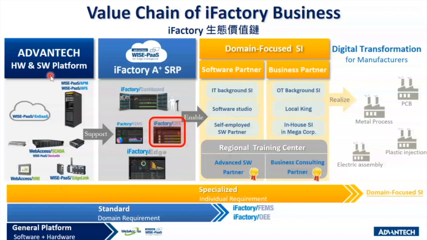How about our software platform? We also have very powerful and useful software, such as our SCADA software, our HMI software, our H-Link software. All this software can be embedded in the PC-based controller for you to do the data collection. So this is our general platform at the first level to help the customer.